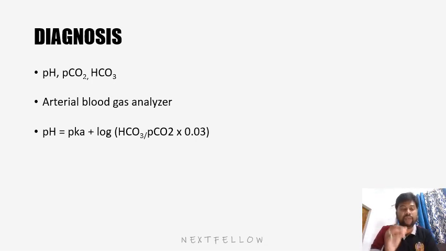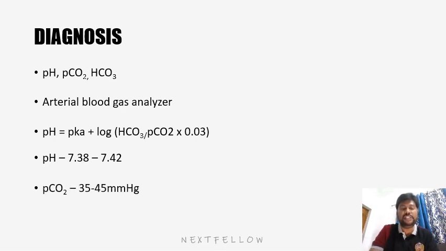Now with these values, how to diagnose it? Before going into that, first you should know the normal value for these three parameters. The normal arterial blood pH is between 7.38 and 7.42; our mean value is 7.4, plus or minus 0.02.